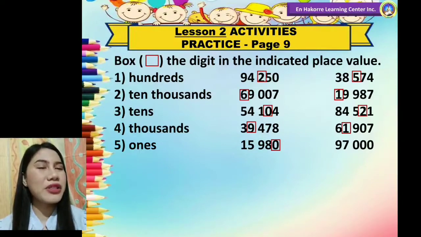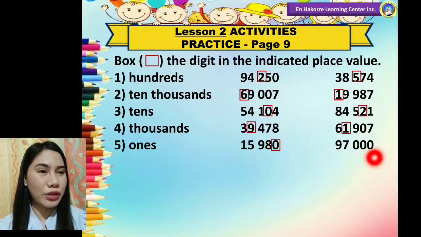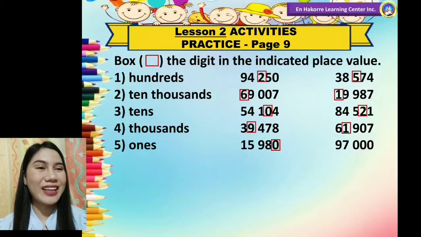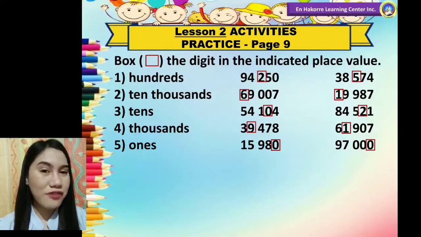How about in the number 97,000? Let's count the place value going to the left. You have your ones. Okay, so another 0 right here, children, in the number 97,000 has the place value of ones.